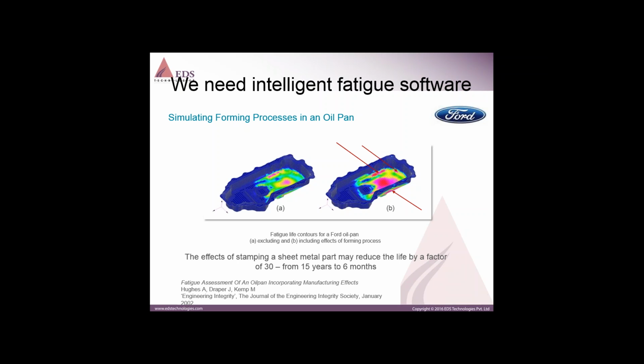So taking the manufacturing effect into account, not only did it identify new fatigue spots, but it also reduced the fatigue life drastically. Initially, the life was nearly 15 years, and it came down to 6 months. This is the effect of considering these manufacturing effects in the fatigue analysis.